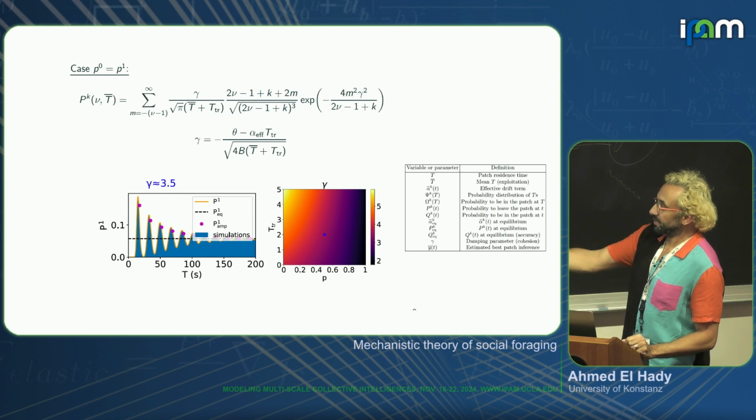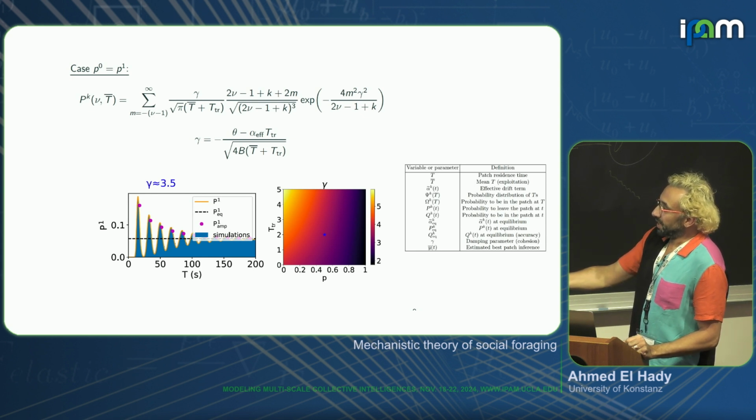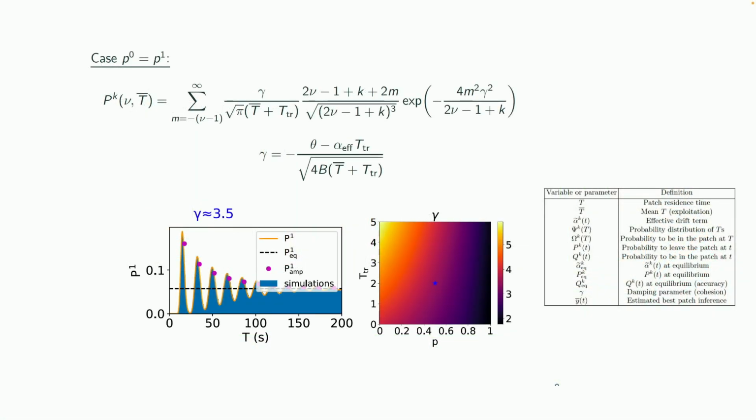Okay? Cool. So again, reminding you, what are the parameters we computed? We computed the probability to be in the patch, the probability to leave the patch, and this damping parameter, because these are the parameters that are going to change depending on the social coupling that we are introducing.